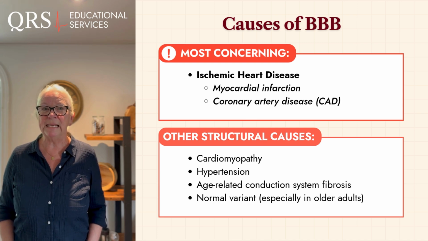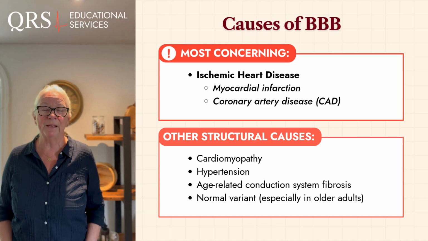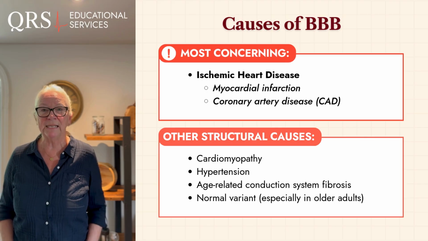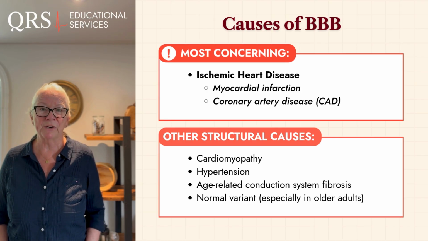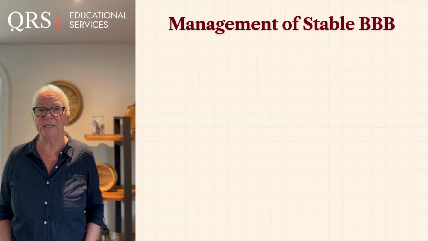First thing that we need to remember is the most common cause of either type of bundle branch block is either coronary artery disease or perhaps an acute coronary syndrome like myocardial infarction. So we need to investigate those reasons.